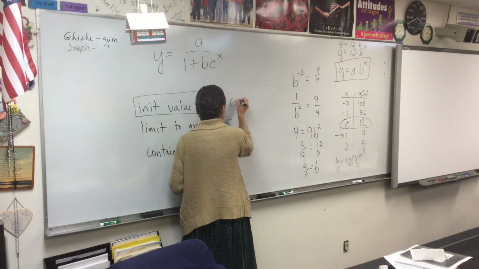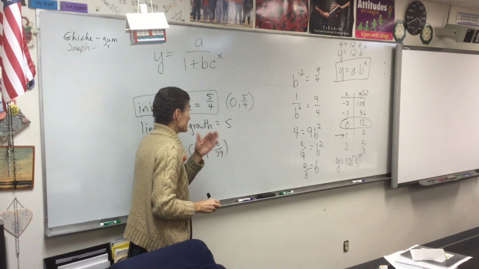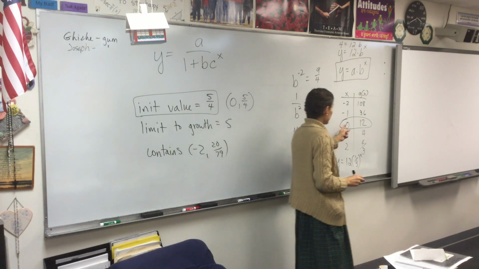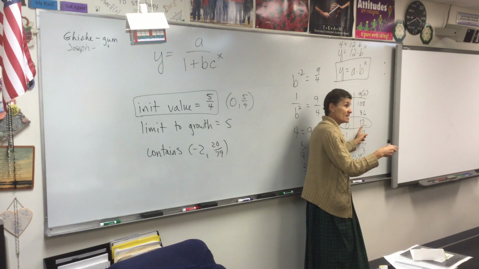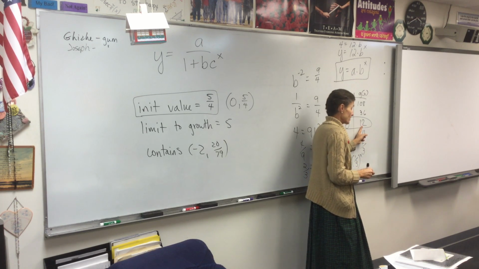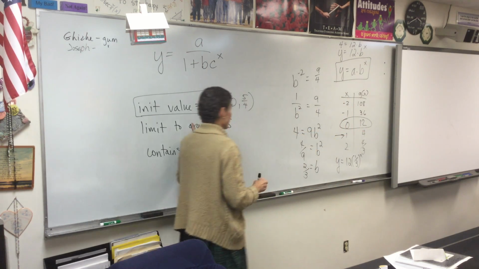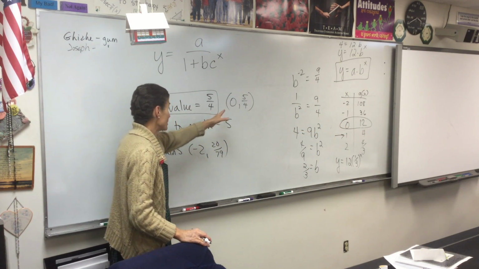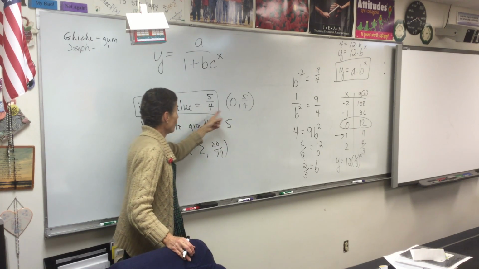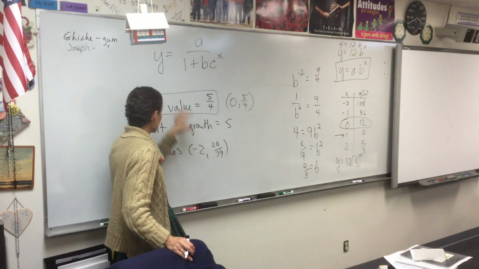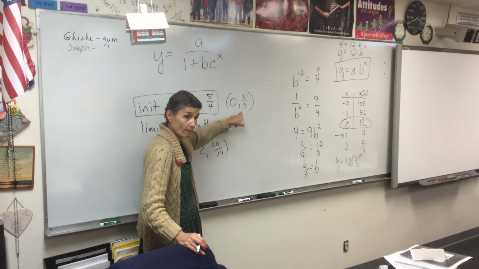So this represents the point 0, 5/4. DeAndre said, if x is 0, will this number always be the initial value? And the answer I said was yes. Same exact concept over here. The initial value is really the y-intercept. What is the value of y when x is 0? So that is a fancy way of giving you that ordered pair.